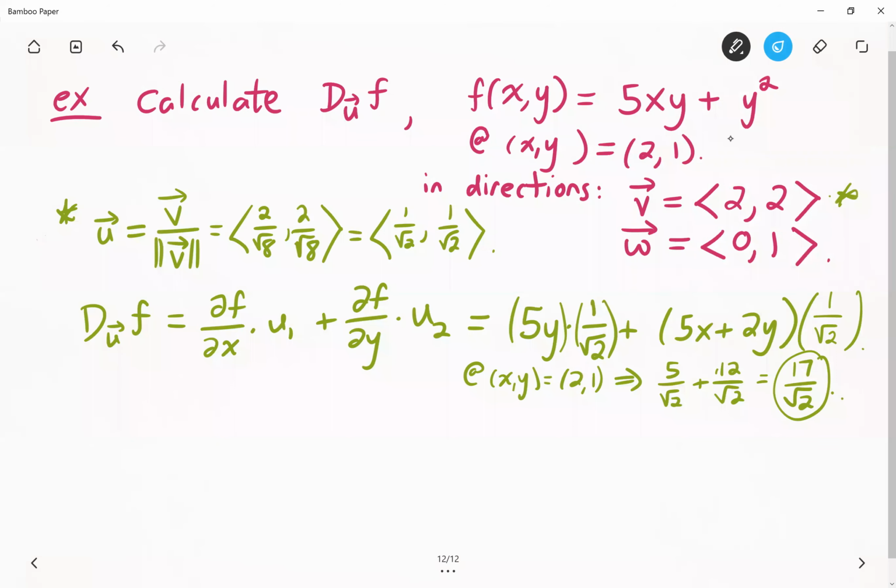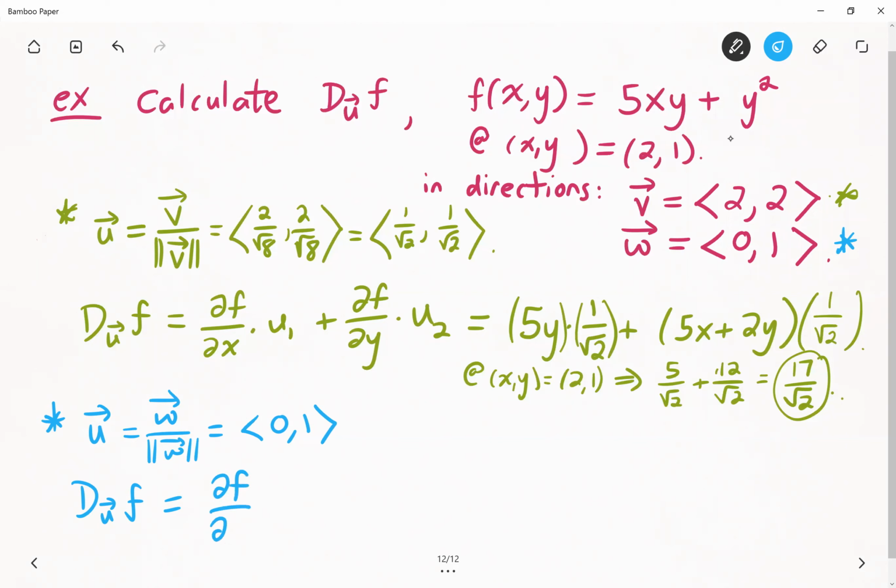Maybe I'll do this one in a blue color. First I need to make a unit vector. Now the interesting thing about this vector is, hey, it's already a unit vector. The length of 0, 1 is 1. So that's nice, one less thing to worry about. Now if I calculate the directional derivative in this direction, something really interesting happens, which is why I wanted to do two directions for this problem.